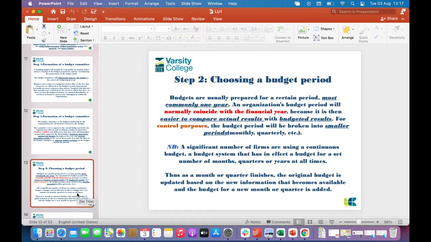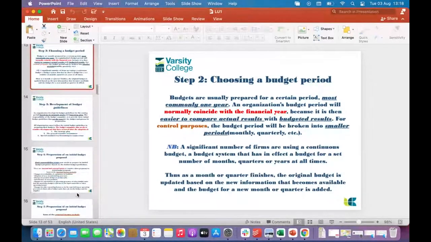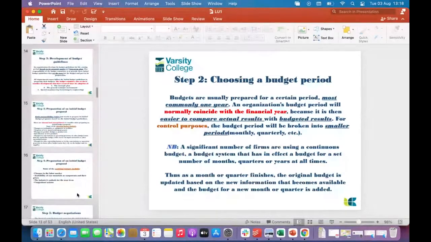And so basically, the reality is that we live in a world that is ever changing, and these days is changing all the more quickly than it used to in the past. As a result, we may make a budget based on certain assumptions, but those assumptions can change so quickly and so swiftly. For instance, when COVID first came in, that obviously changed the game for a lot of companies.